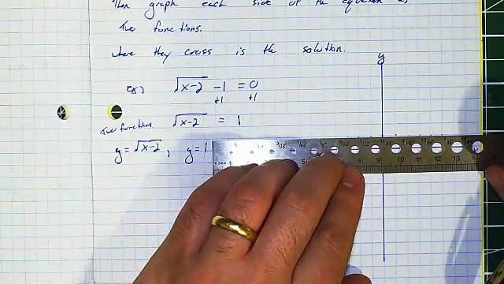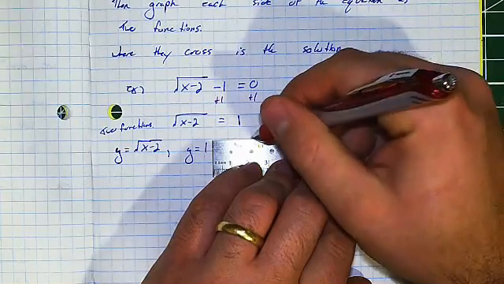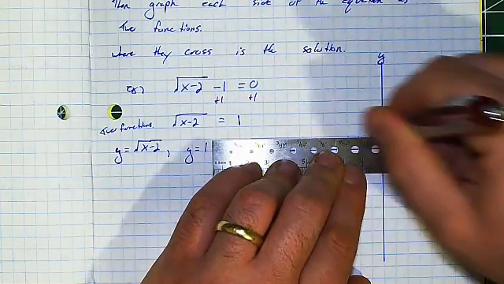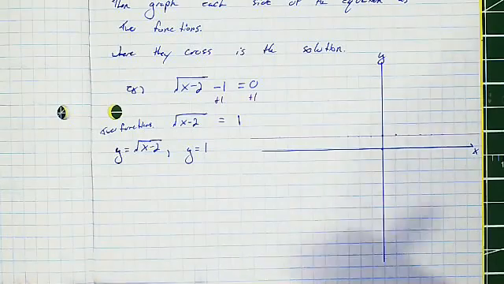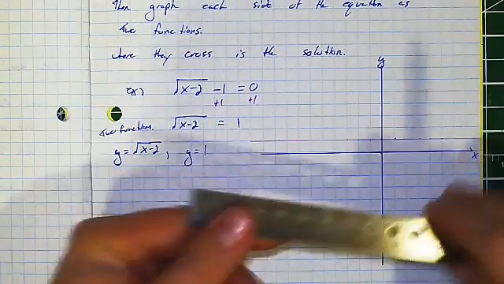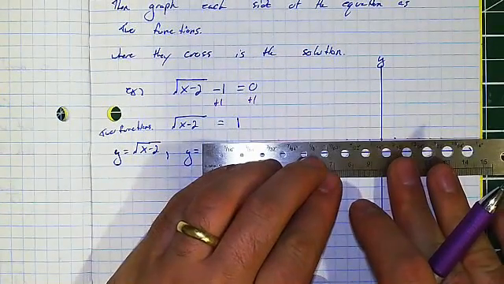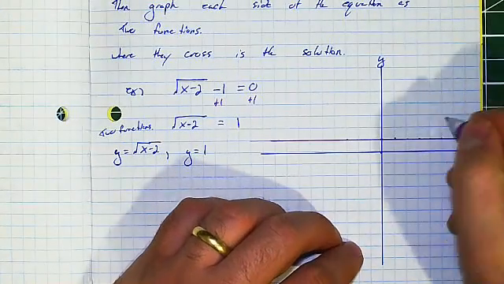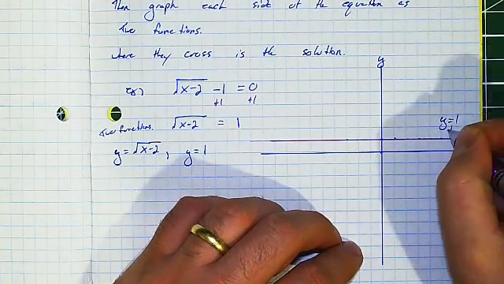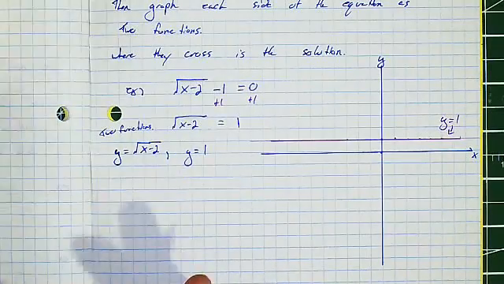So basically, everywhere where y is 1, we'll have a line. Wow, this pen is terrible. Purple. So this is our first function, and this is essentially where y equals 1.